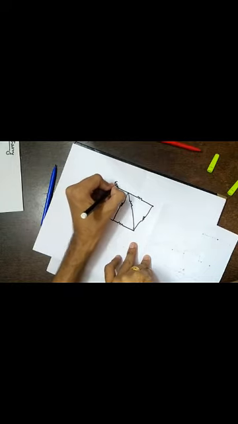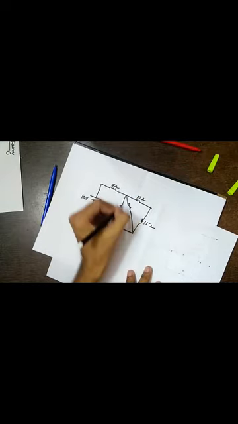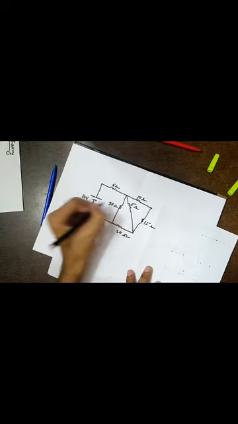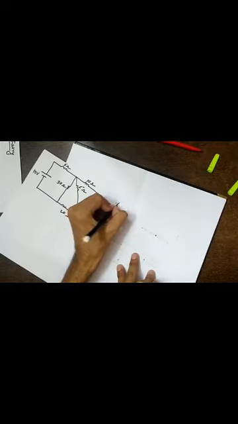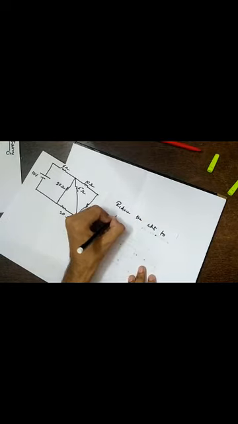This is 5 ohms. This is 10 ohms. This is 15 ohms. This is again 5 ohms. This is 20 ohms. And this is 30 ohms. Right? The question is, reduce the circuit to a single resistor first, and then find the current supplied by the battery.